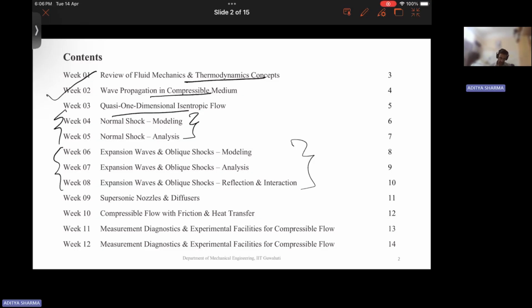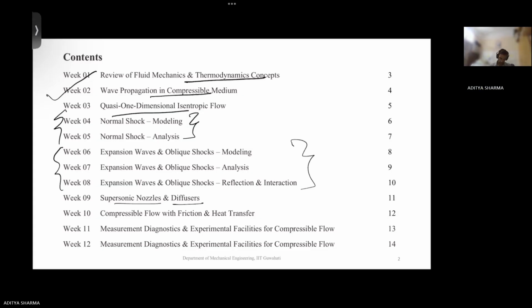Then supersonic nozzles and diffusers we discussed. And then how heat transfer and friction affect our compressible flow in week 10. At last, we saw majorly experimental facilities for study of compressible flows.